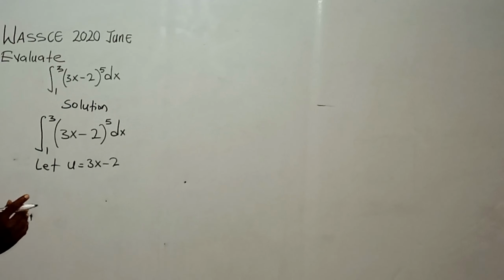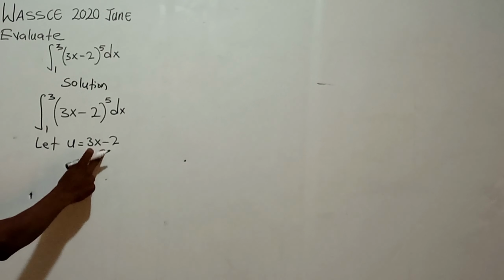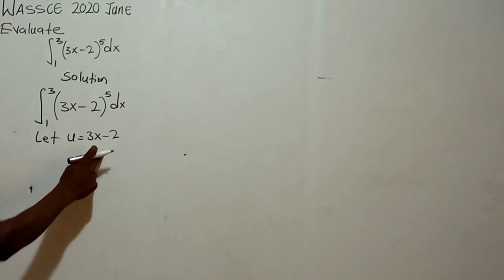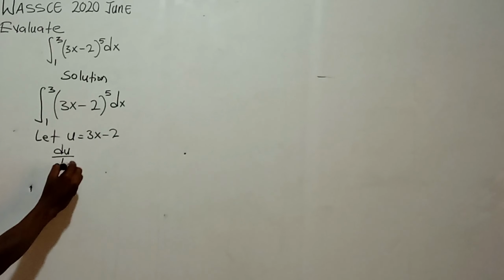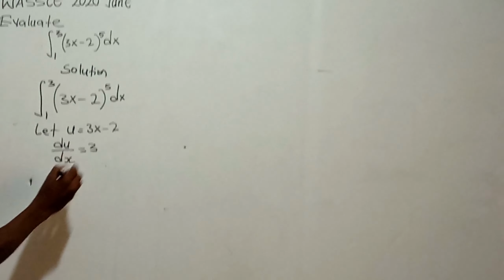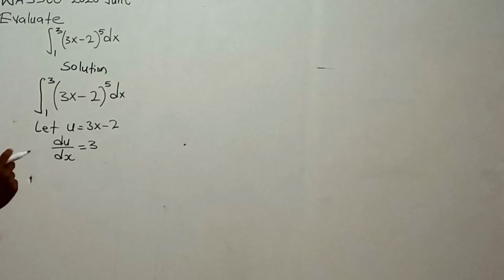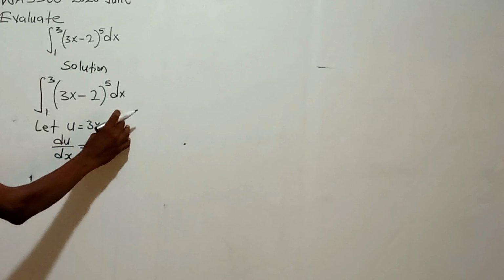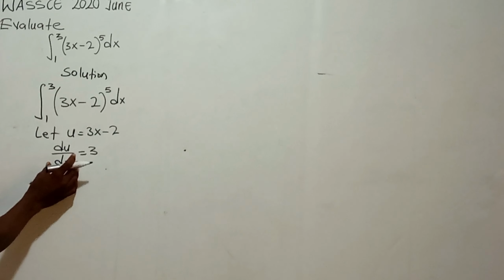After that, the next step, you differentiate u with respect to x. So du over dx equals the differential of 3x, which is 3. When you differentiate 3x, it gives 3, while for 2 it is 0. We want to make x the subject of the formula.